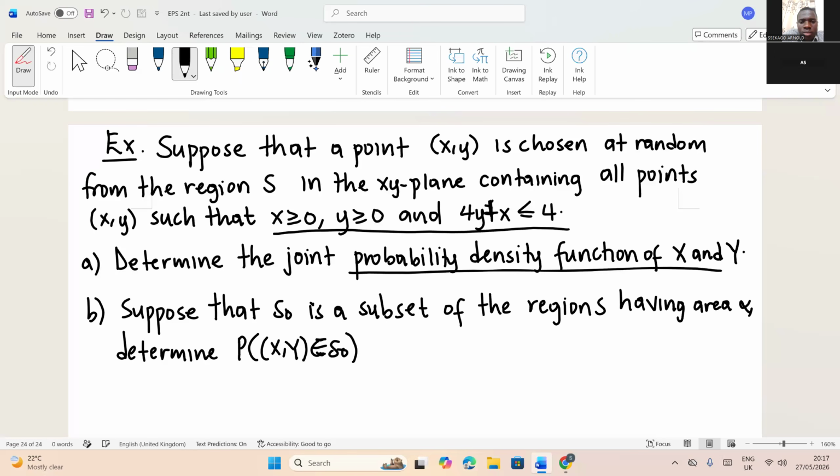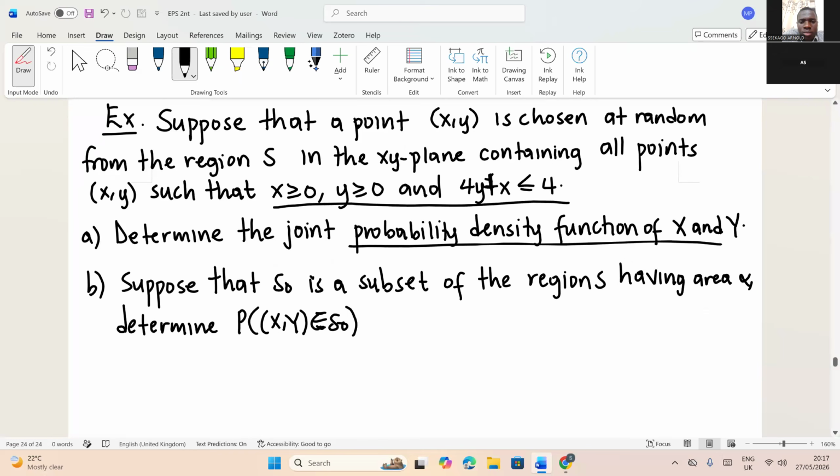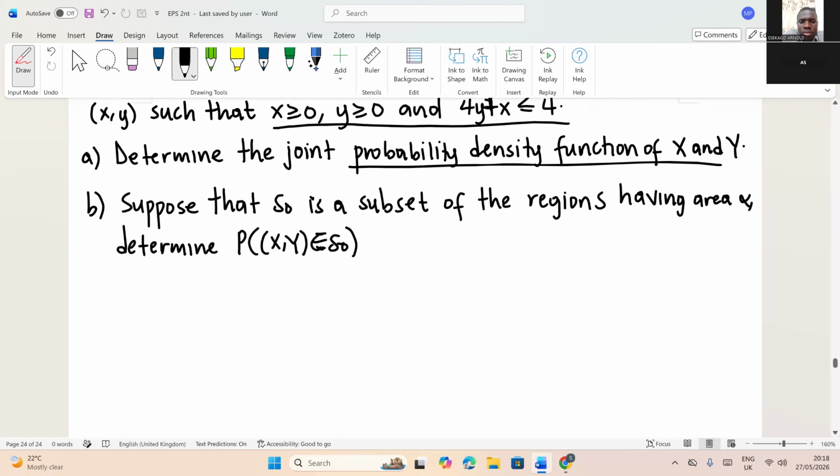They have told us that suppose a point xy is chosen at random from the region S in the xy plane, and that region is defined by this. Maybe we can also visualize it. It is this region here, the one which I'm highlighting in blue.